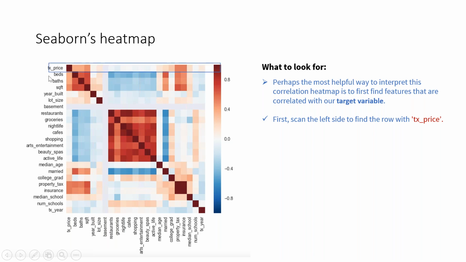I want to track this row. This is tx_price, and there are small squares with various colors, very light blue. Actually there is no dark blue at all, and no dark red at all, but a little bit of varying red is there. That's what we are doing.